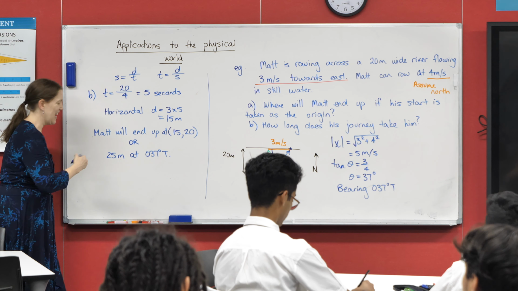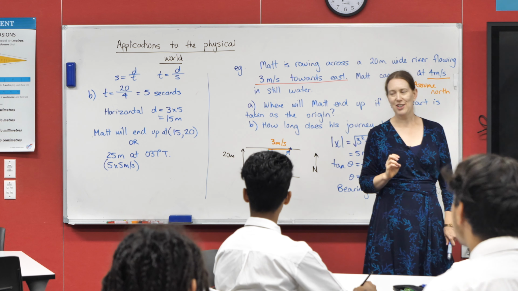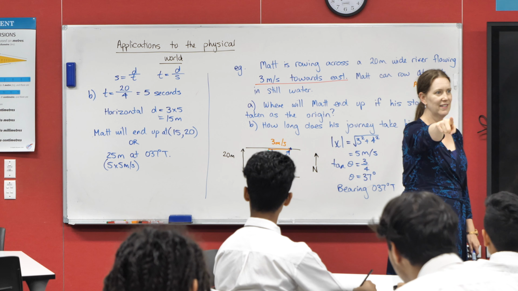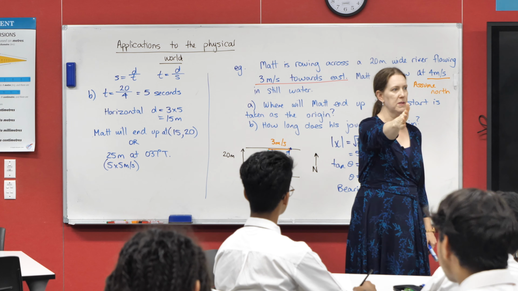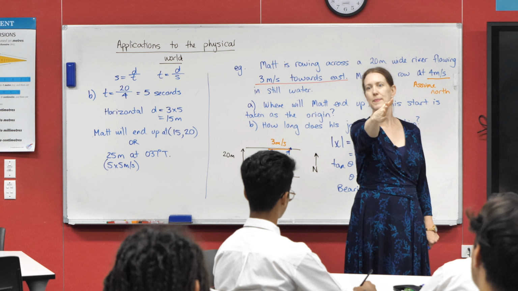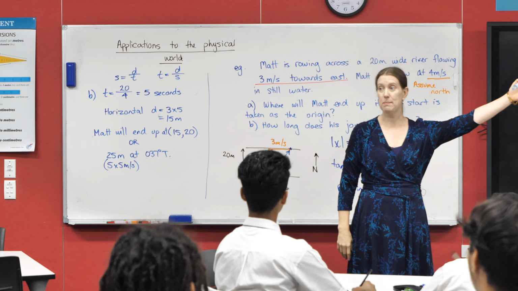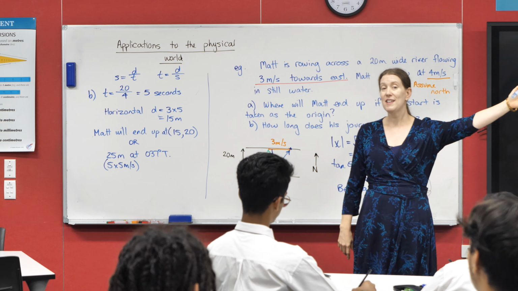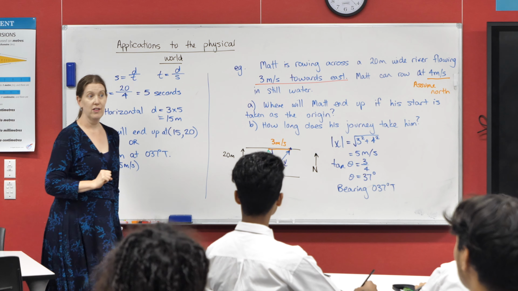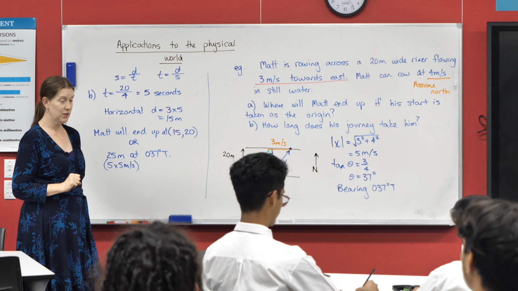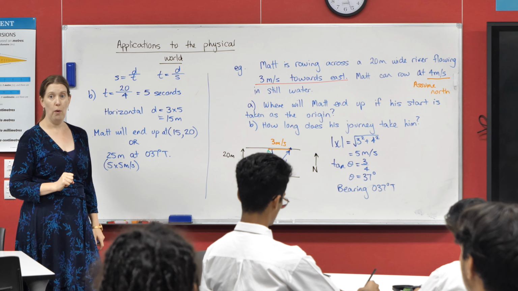Now Matt's like, that's great, but actually I needed to end up there. What should he have done to end up directly opposite where he started? He should have pointed his boat this way. So part C to this question is, in what direction should he have pointed his boat to end up directly opposite him?